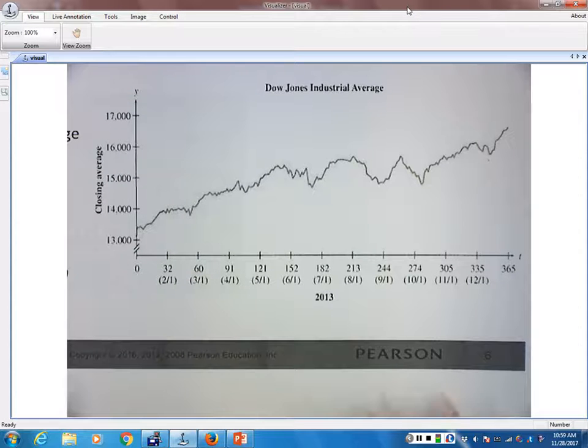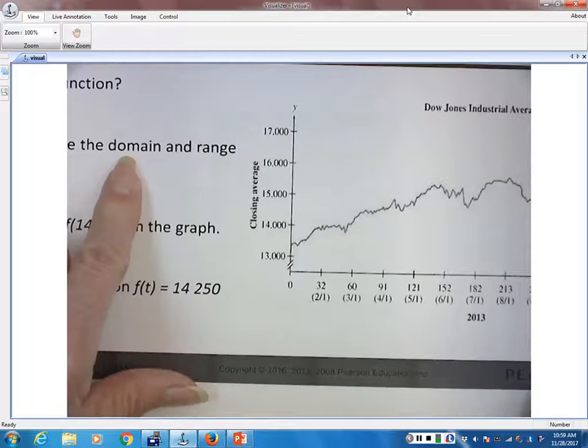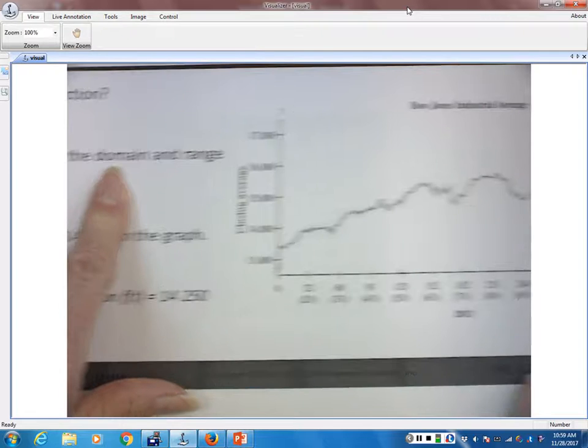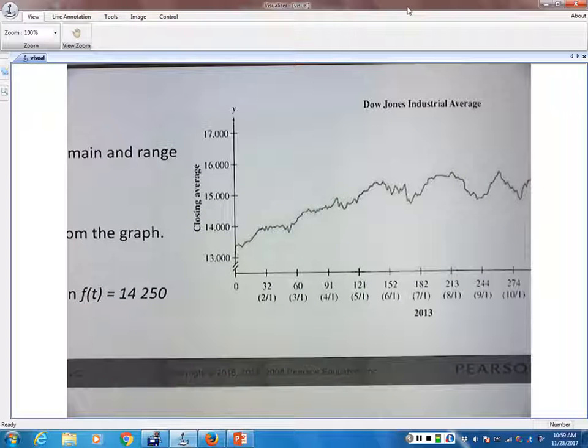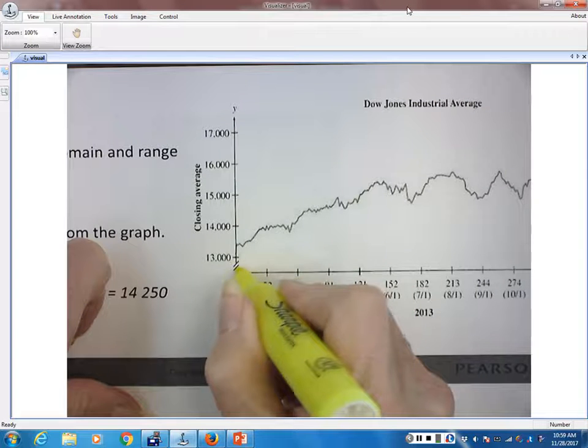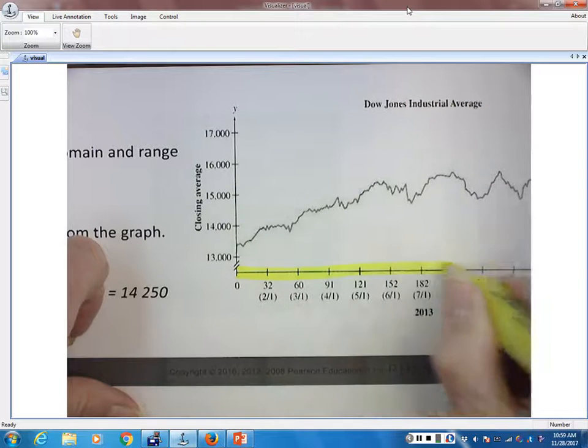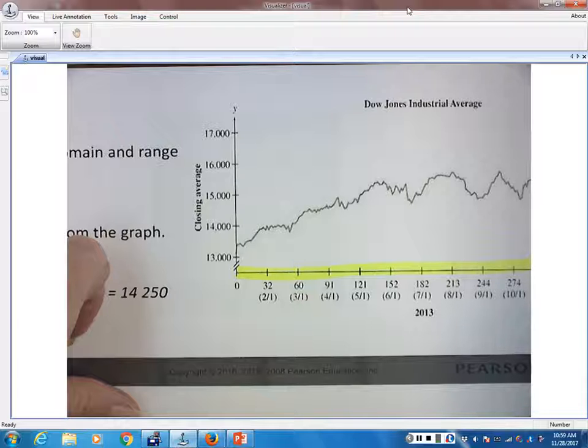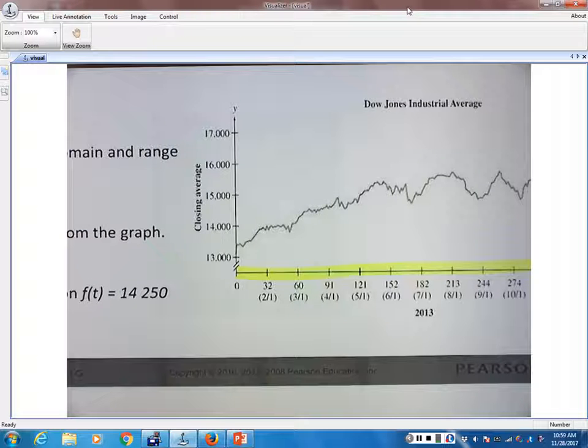Second question says, determine the domain and the range of this function. I want you to keep in mind that the domain is always the values on the horizontal axis. So the part I just highlighted in yellow is your domain.